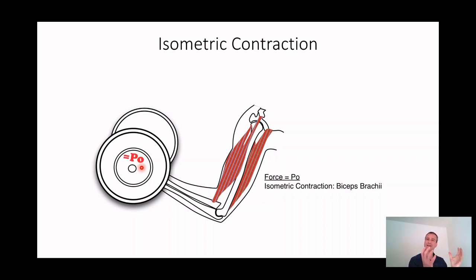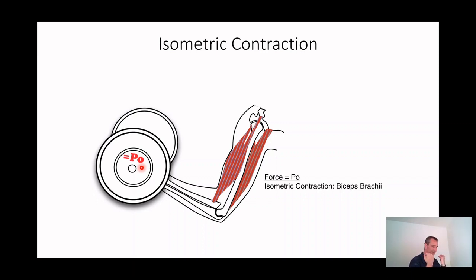So it's iso meaning the same, metric meaning length, and now it's an isometric contraction. All right, so the same measured length. So I'm going to measure the length of my bicep. I'm going to put in a weight that I can get it, but I just can't move it. That is when that force is equal to the maximum force that my muscle can produce. That is when I'm in an isometric contraction.